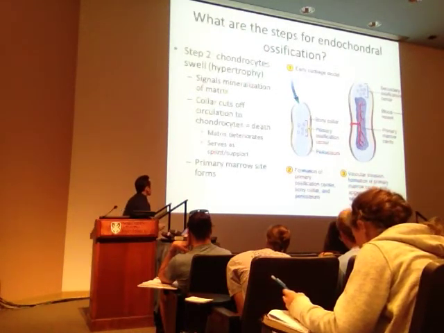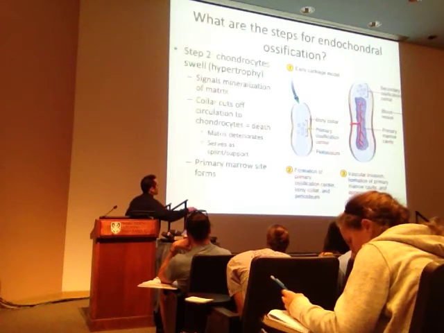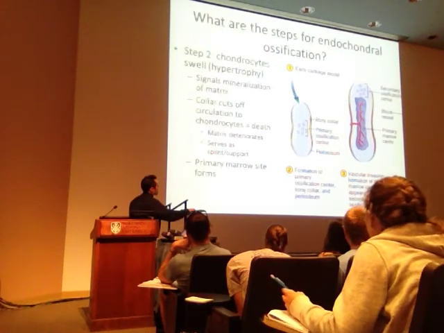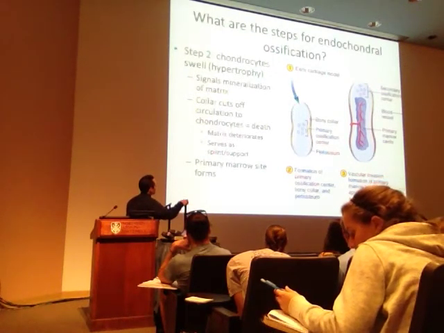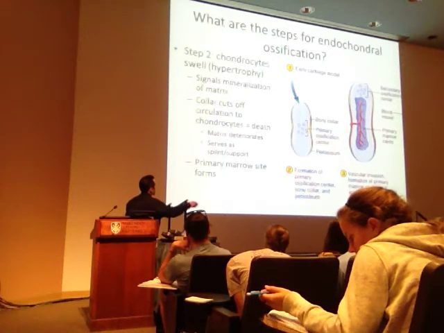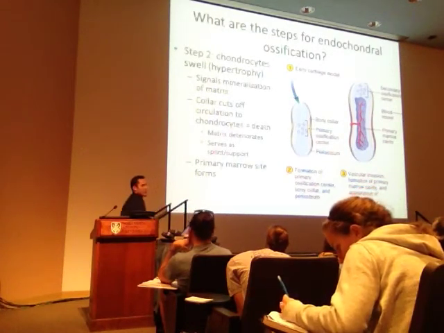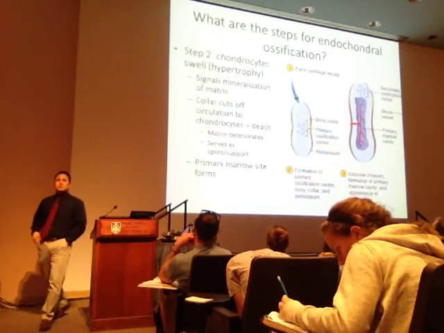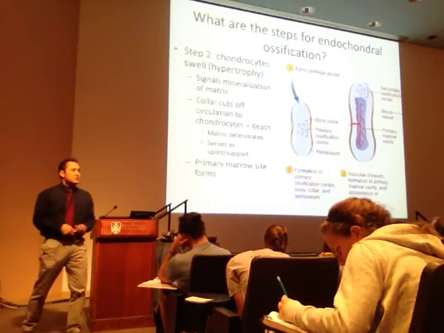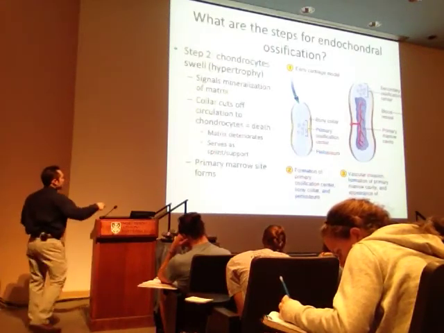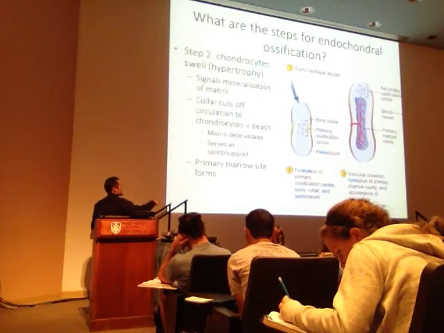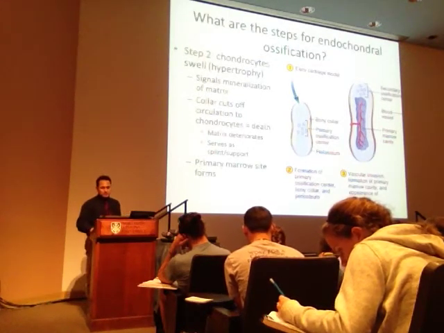That hollows out this primary marrow cavity, and as the chondrocytes, the cartilage cells, go through this programmed death known as apoptosis, this is an organized cell death, that creates the opening so that the blood vessels can actually expand.